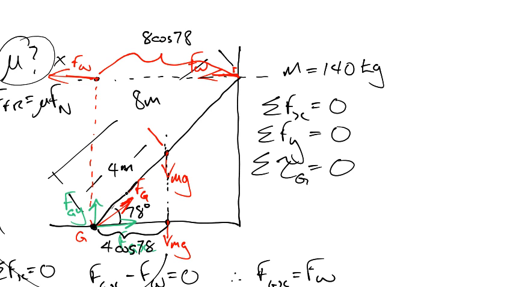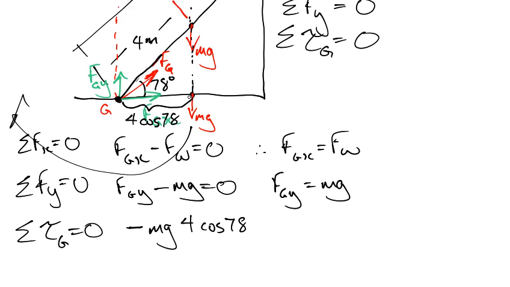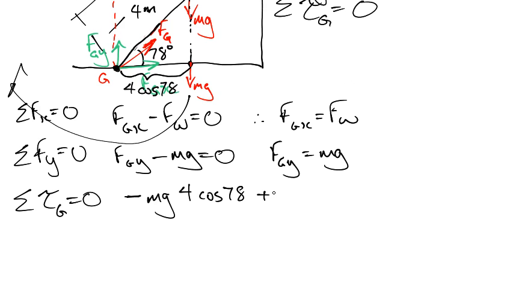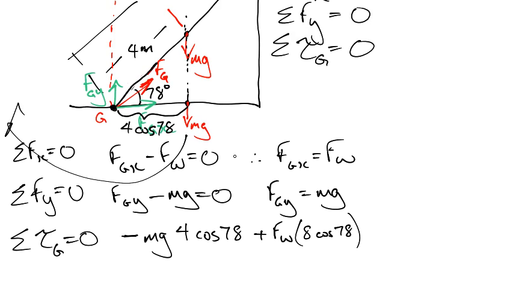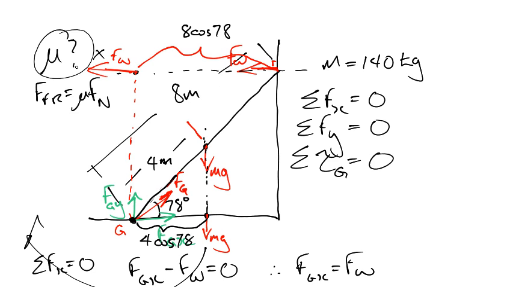Okay? Because there's a 78. So that's going to be plus, and it is plus, I'll tell you in a minute why, Fw times 8 times cosine 78. And by the way, it's plus because this force is going to go counterclockwise about point G, and so therefore it's going to be a positive.